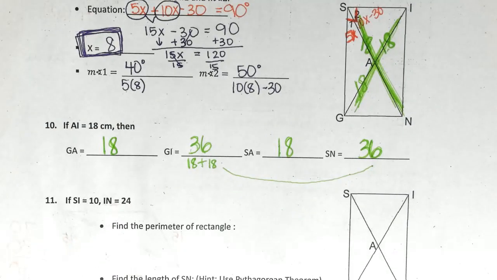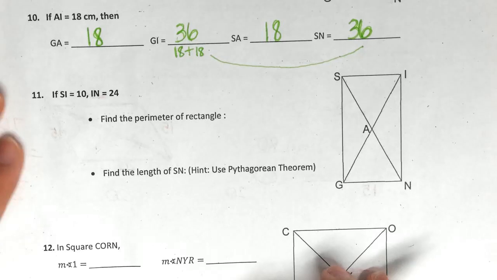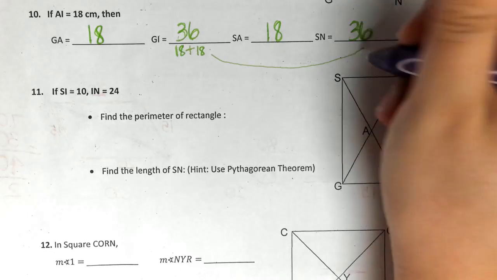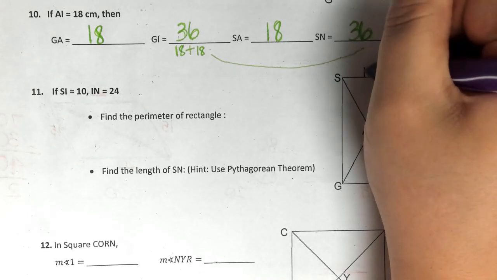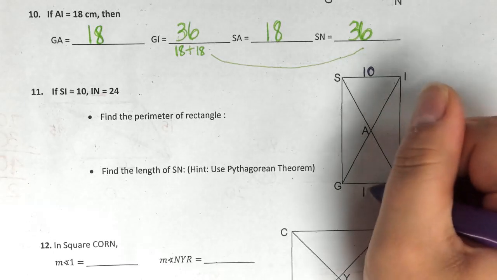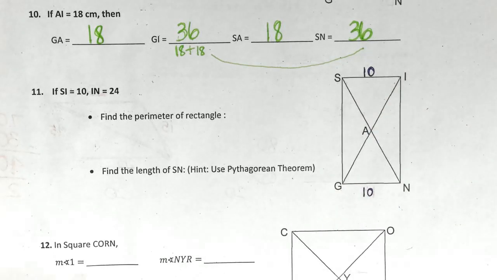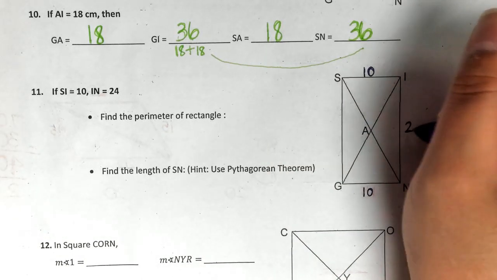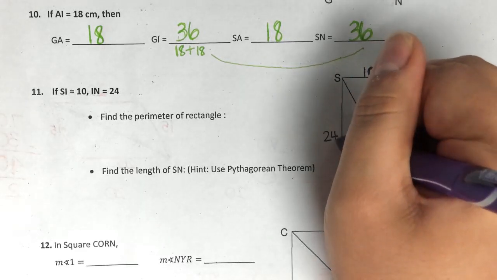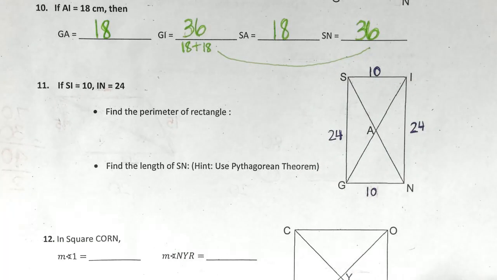Okay? All right, we are about to go way back. Real quick. Y'all look up. If SI is 10, what else do I know? GN is 10. And if IN is 24, what else do I know? SG is 24. How do I find the perimeter?